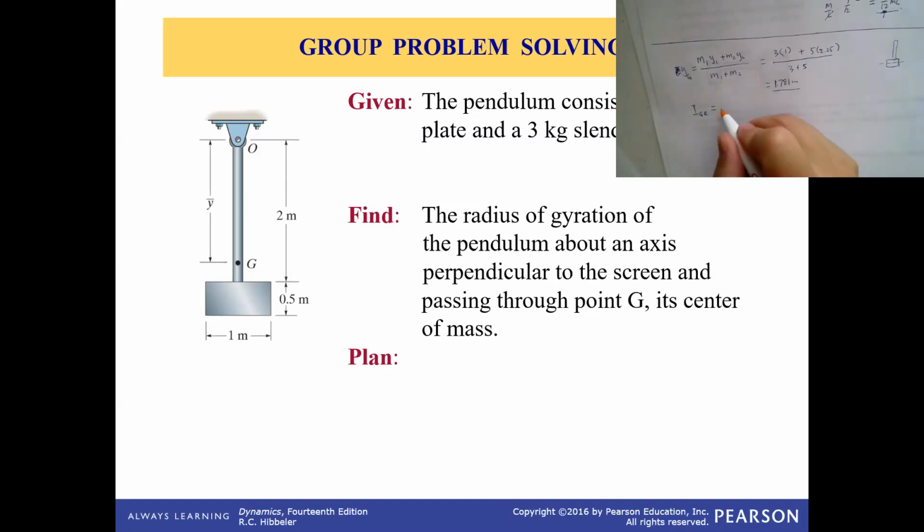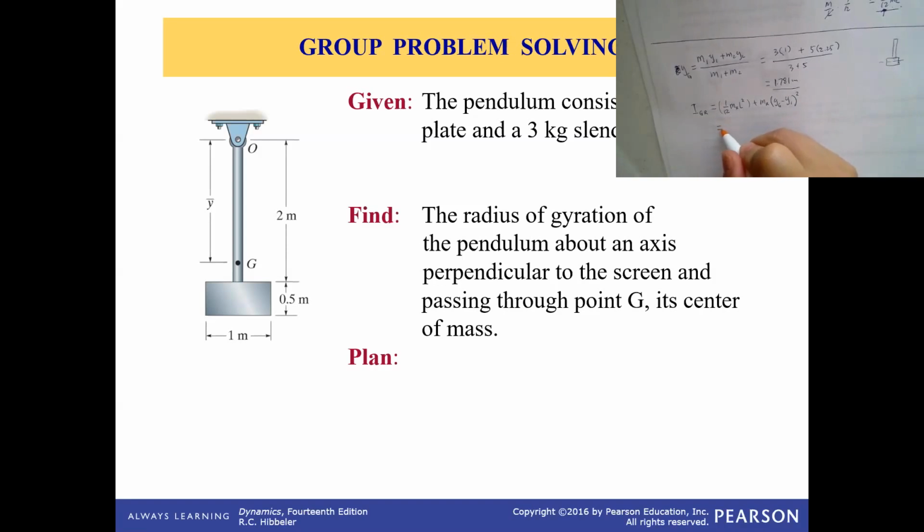For the rod through the center of mass, it's 1/12 m of the rod times the length of the rod squared, plus m of the rod times this new distance d squared. That would be yG, the center of mass of the whole system, minus the center of mass of the rod, squared.